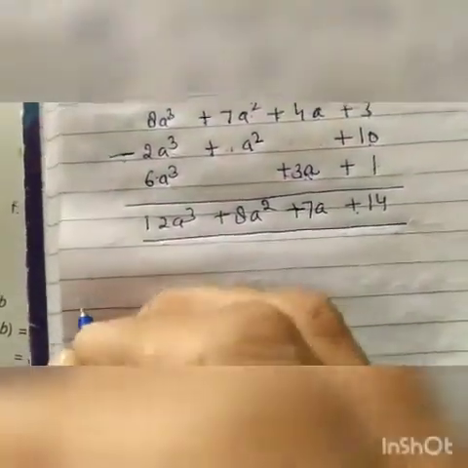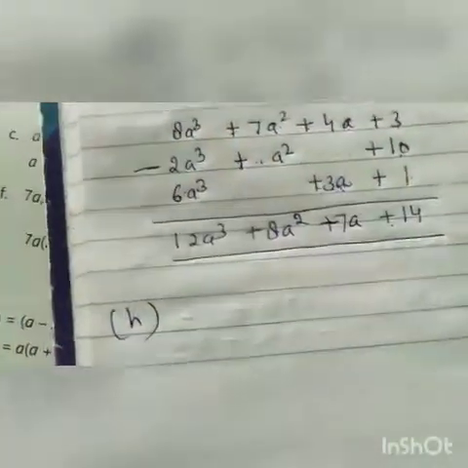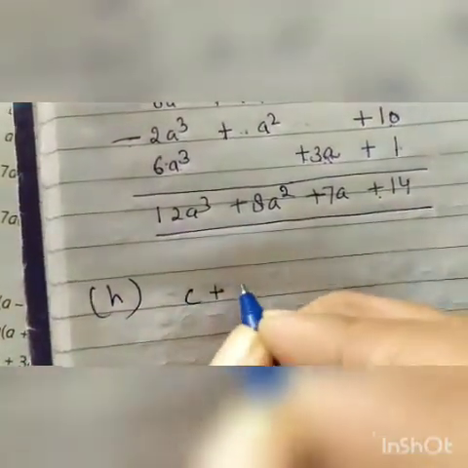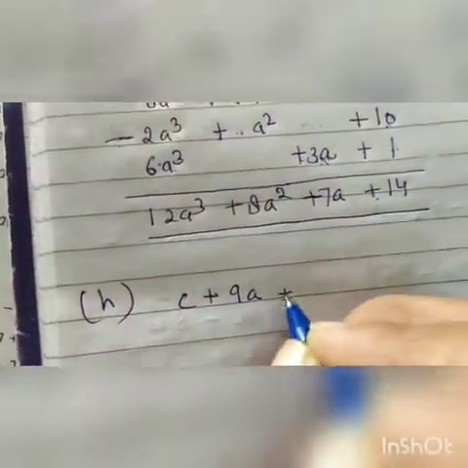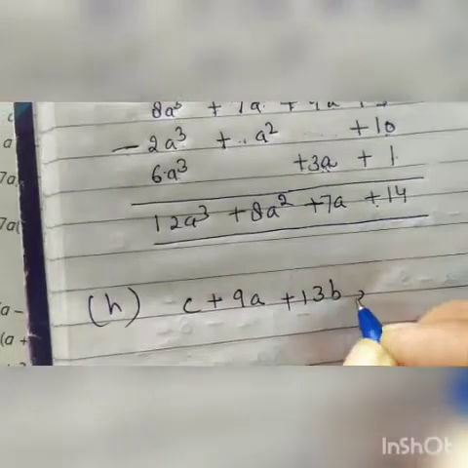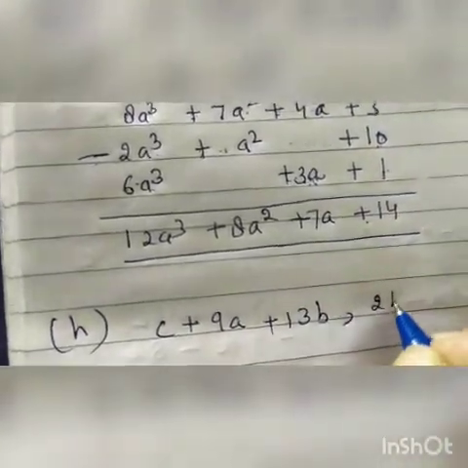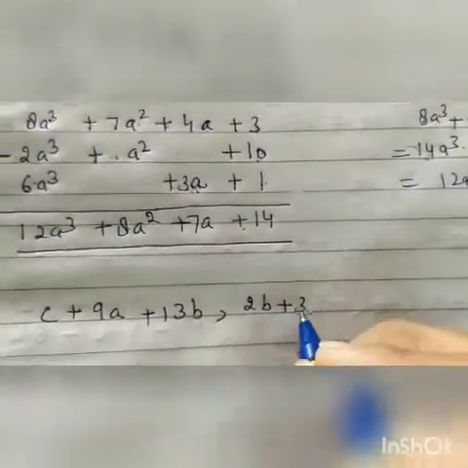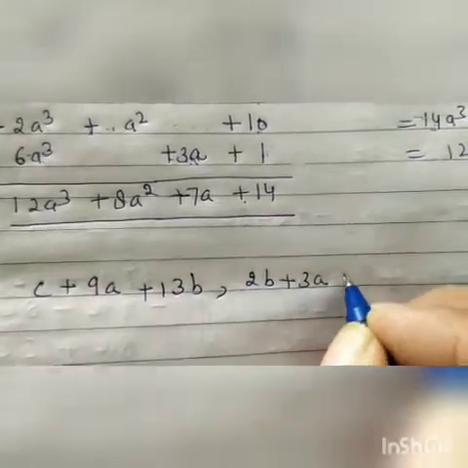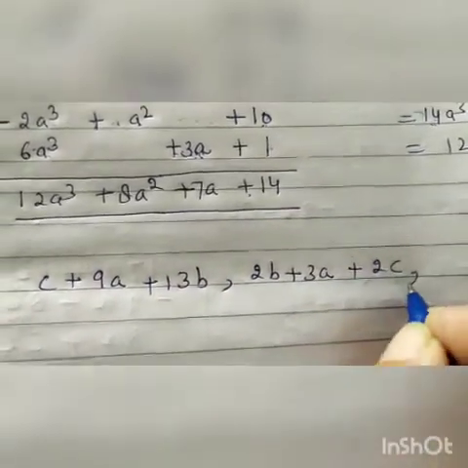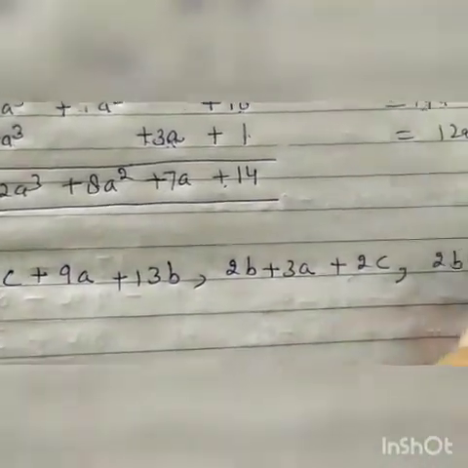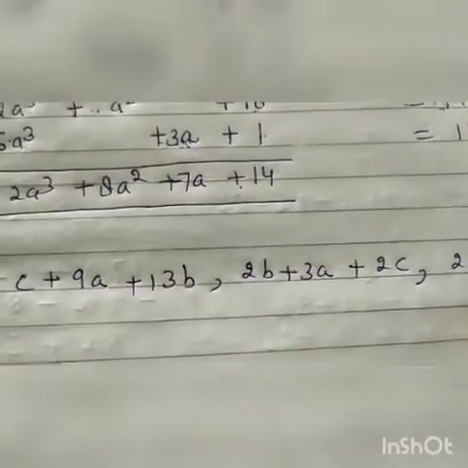Now come to its h part. H is c plus 9a plus 13b, comma, 2b plus 3a plus 2c, comma, 2b plus c minus a.